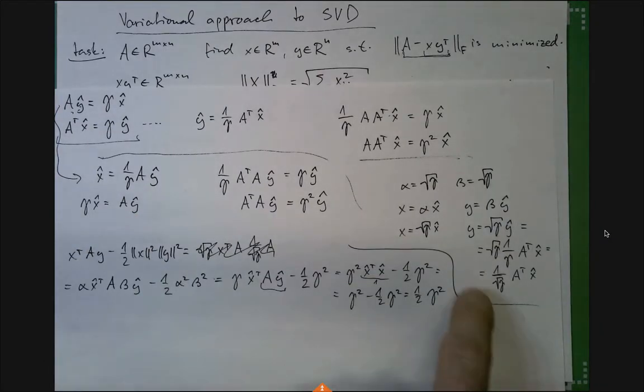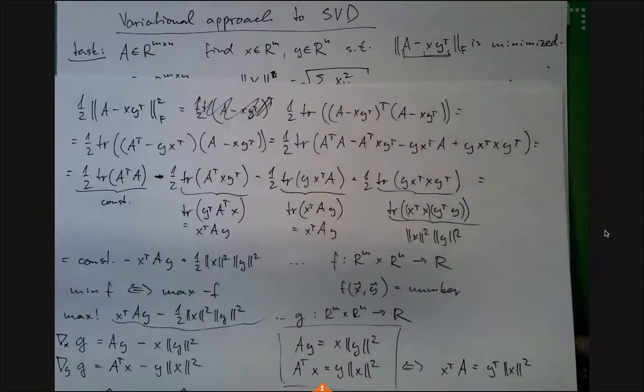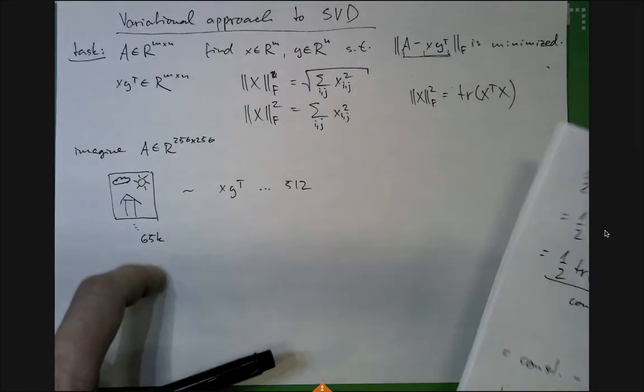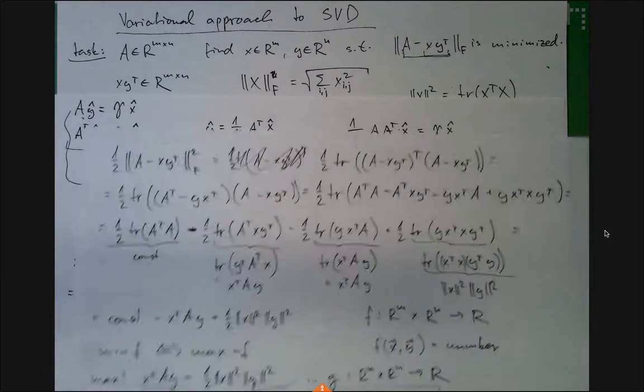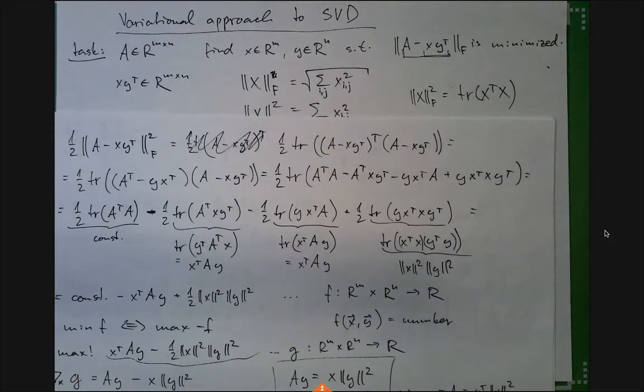Oh, this one actually. This one. And that's the solution. So that would be sort of cool. So did you get that? That's the cool thing, that this is basically like an optimization approach to SVD. By solving this variational problem, you essentially arrive again at SVD, which gives you another interpretation of it.